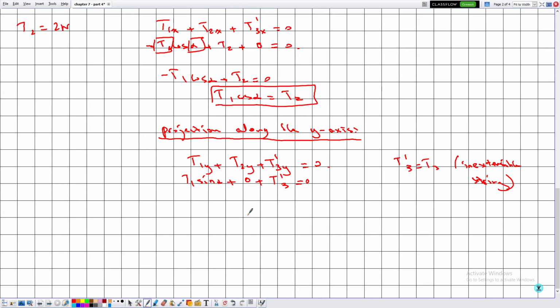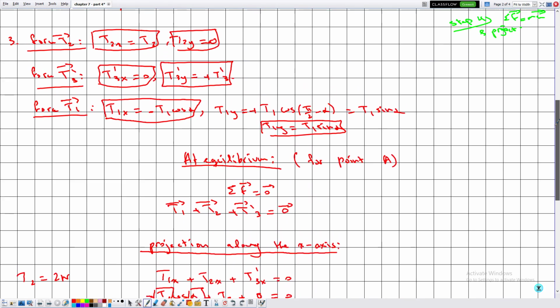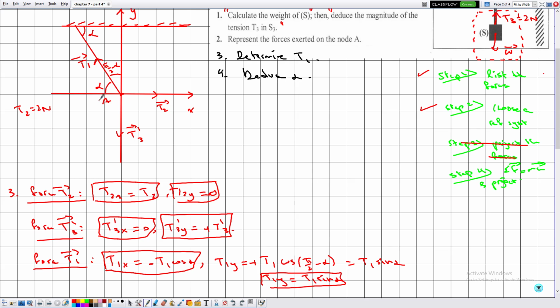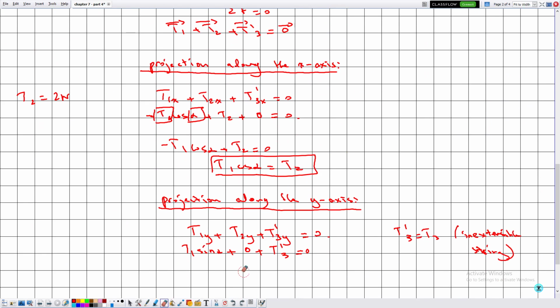So here we must have a minus sign somewhere. Notice that here T prime 3 is pointing in the negative direction of the y-axis, so it's minus. So in this case T1 sine alpha minus T3 is equal to 0, then T1 sine alpha is equal to T3.